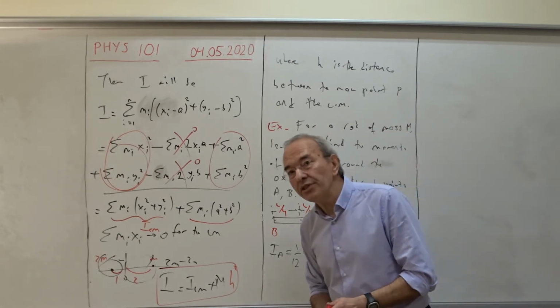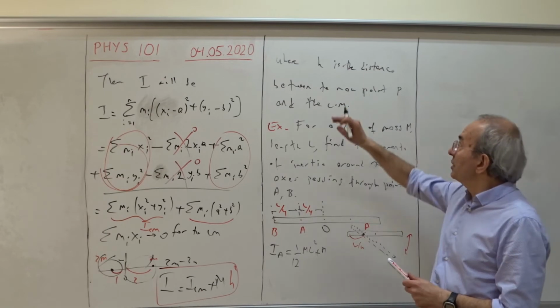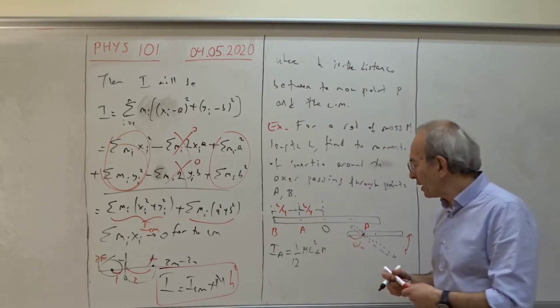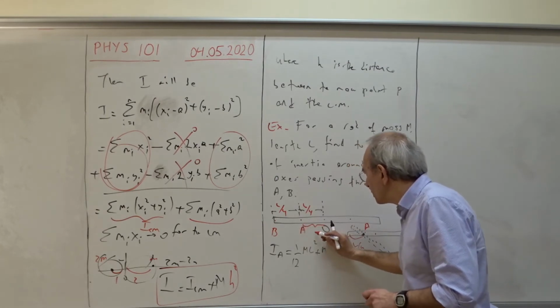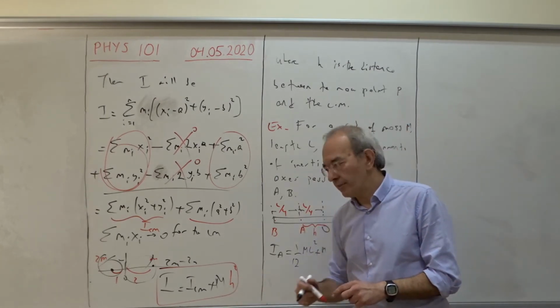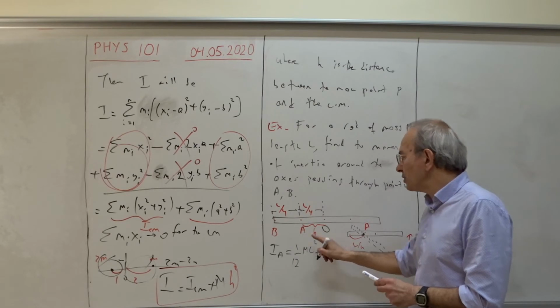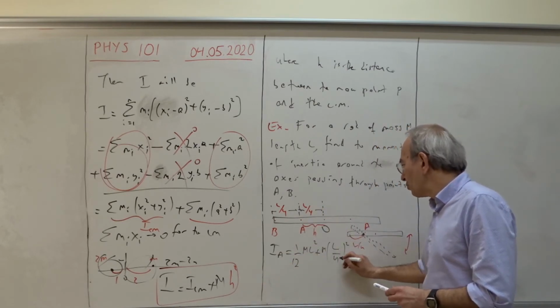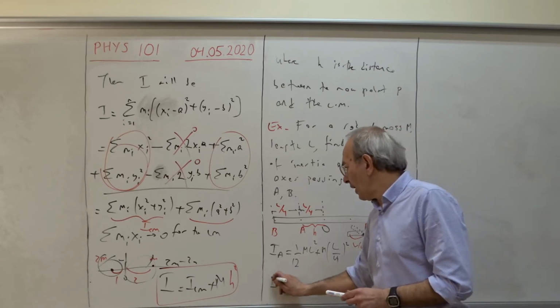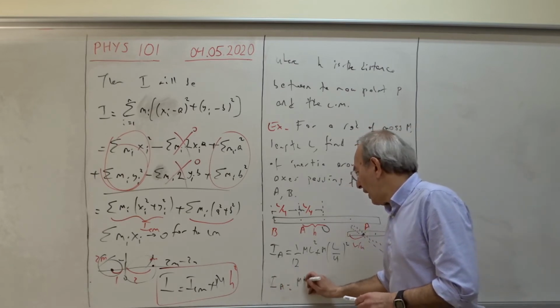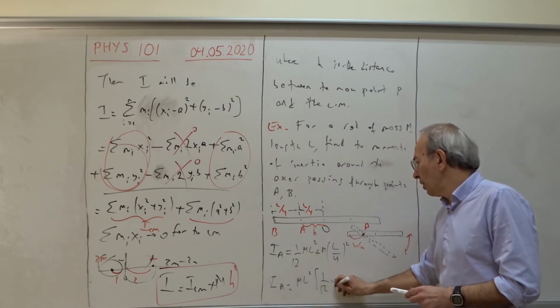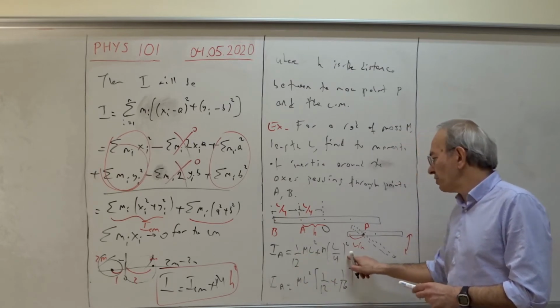H, what is H in this case? H, remember, is the distance between the new point, that is A, and the center of mass. So this distance is our H in this equation. Instead of H, I write L over 4, but don't forget to take the square. So IA will be what? m times L squared multiplied by 1/12 from the first term, 1/16 from the second term.